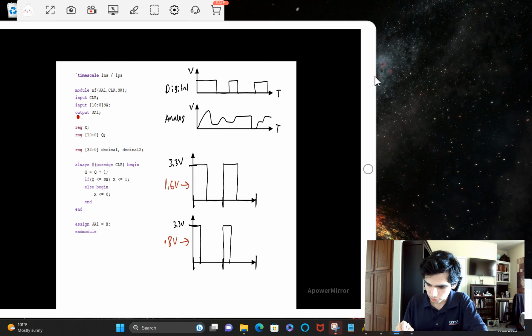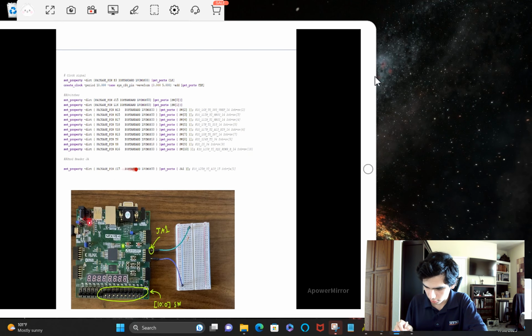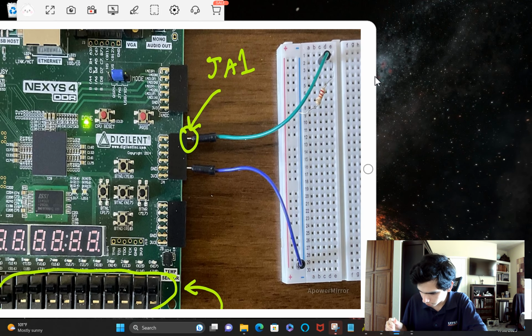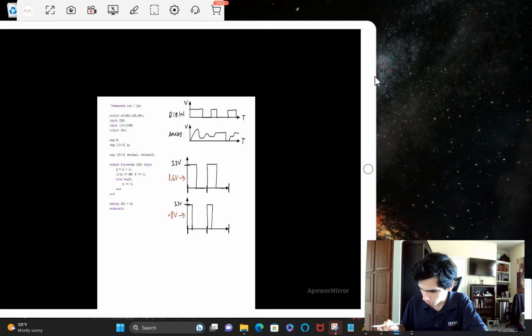First, you declare it as an output. Then you tell it where on the board you want it to be an output. In this case, it's in the PMOD header JA. If you zoom in, you see right there that it says JA, and JA1 is this first one. By doing that, it assigns it as an output.